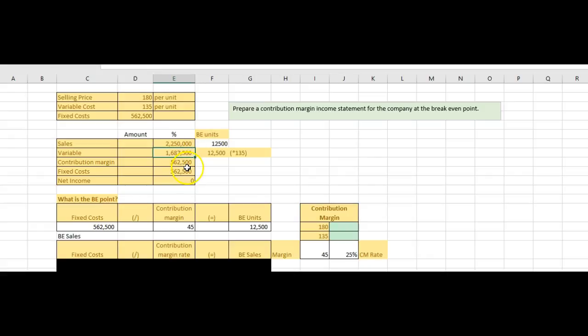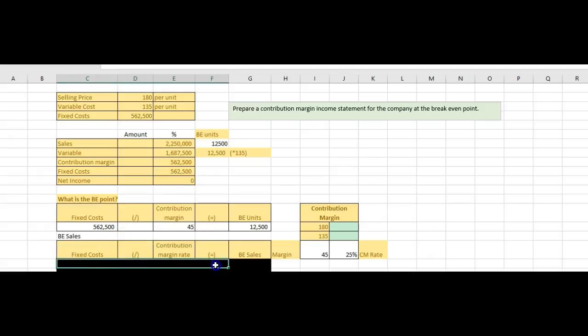If I subtract the variable from the sales, I come up with a contribution margin of $562,500. That just happens to match the fixed cost. So we have zero net income. So whenever you figure out a contribution margin for the company at break even, net income when you get done should always be zero.